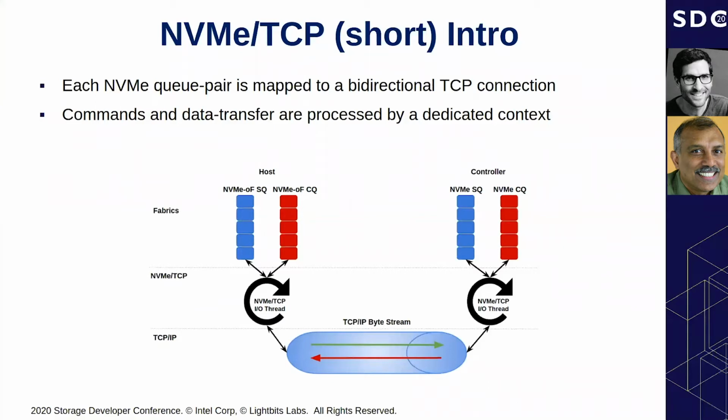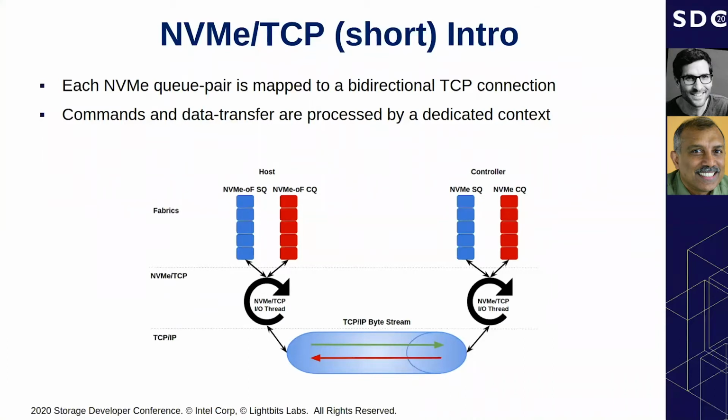But if you look at the diagram, upper layers at the host side on the left have this logical concept of submission and completion queue. It's not memory mapped buffers that talk to a device, but they talk to an IO context or an IO thread that is driven either from the host or from events from the network that says that it has new payload to process.